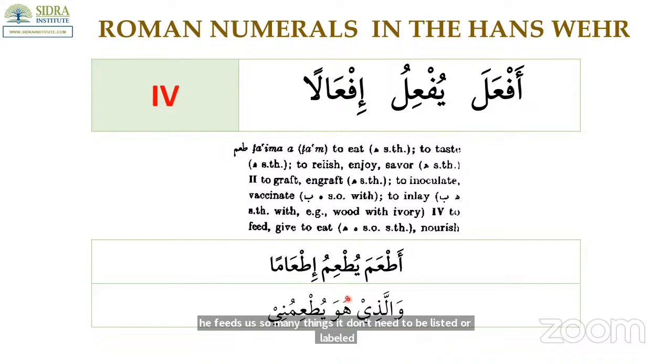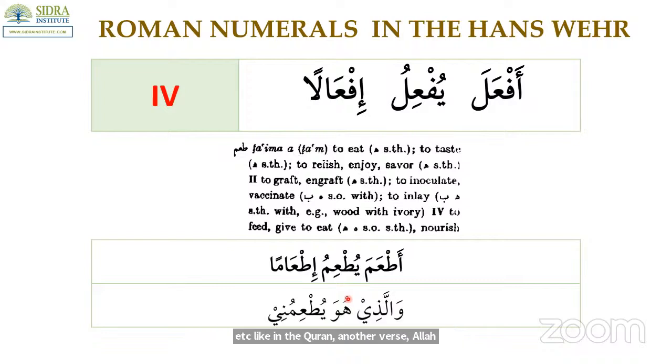Like in the Quran, another verse, Allah subhanahu wa ta'ala says, Wallahu yad'u ila daris salam. And Allah is the one who invites to the house of peace. So there, Wallahu yad'u, who does Allah invite? It's not mentioned. The maf'ul bihi has been omitted. Wallahu yad'u jami'a ibadihi. Allah invites all of his servants ila daris salam.